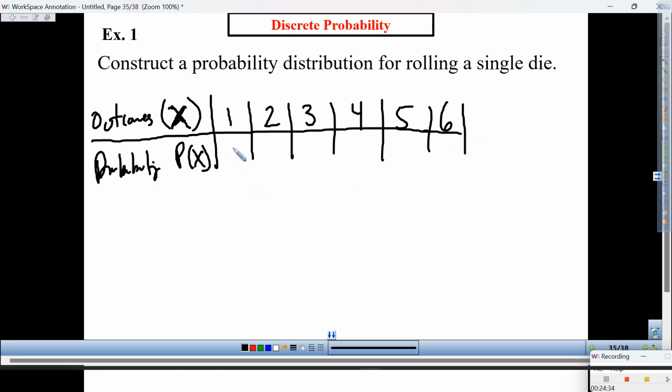And what's the probability of each of those? Like I said, we already did this. Now we're giving it a name. Some of these we've already done. Tell your neighbor why this is a discrete probability distribution.